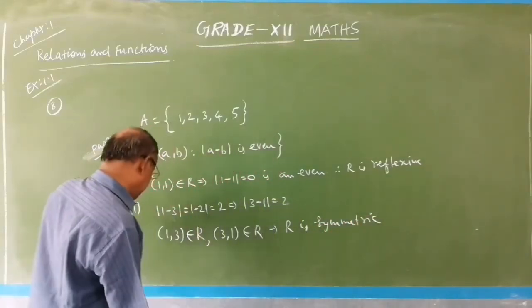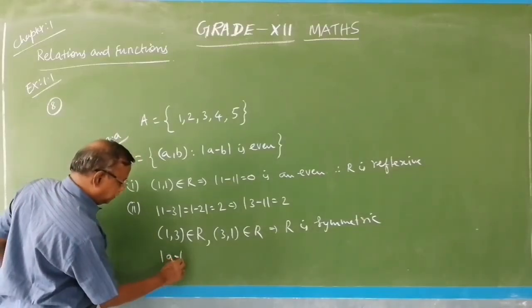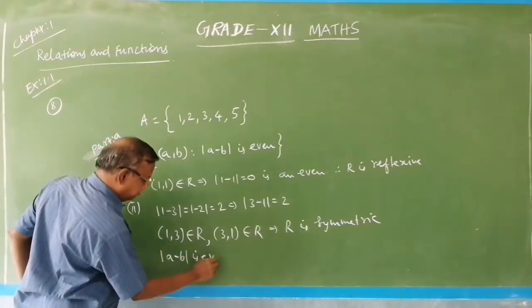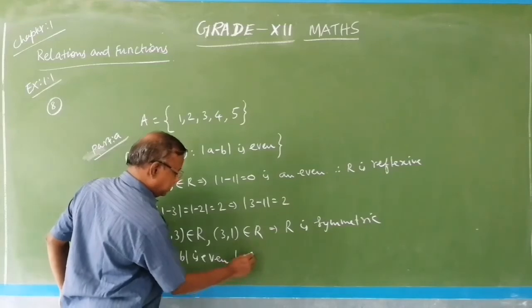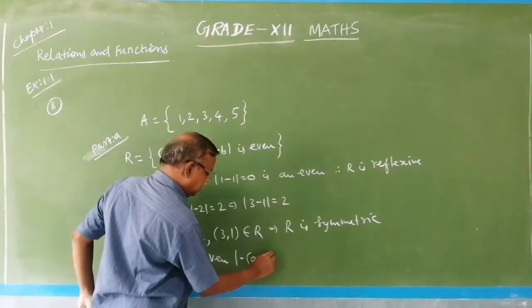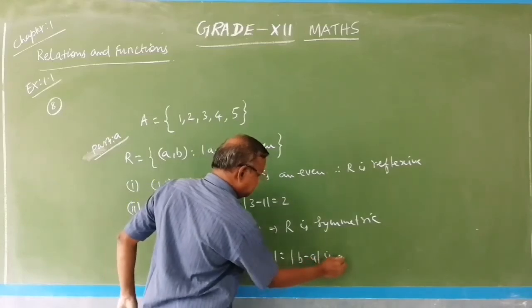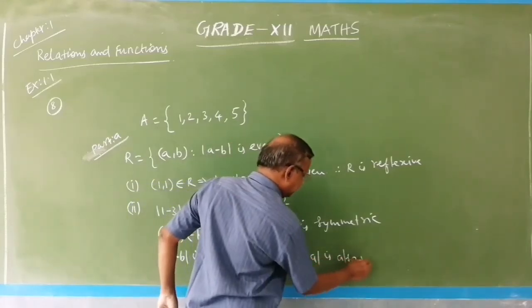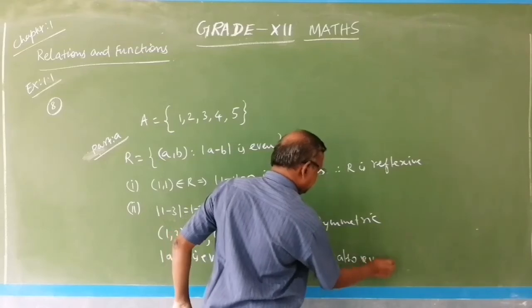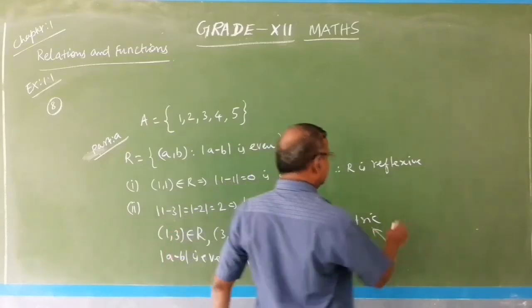That means, if modulus of a minus b is even, then modulus of b minus a is also even. So R is symmetric.